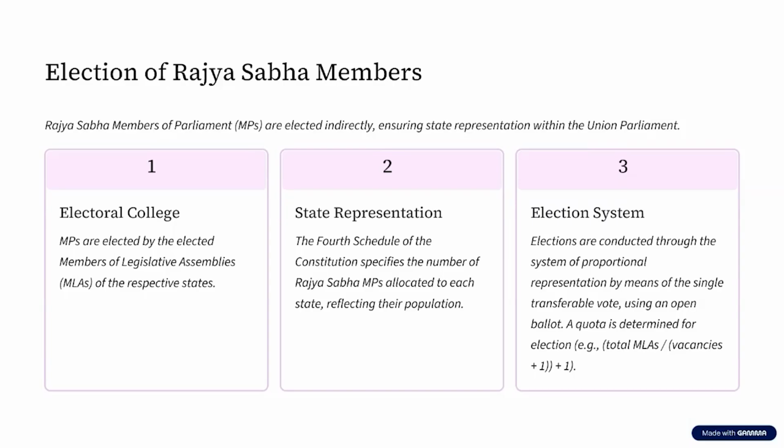So, what is happening in the Rajya Sabha? The Rajya Sabha members of parliament are elected, but not directly. Rather, they are elected indirectly. How are they elected indirectly? These members of parliament of Rajya Sabha are elected by the elected members of the legislative assemblies of the respective states.